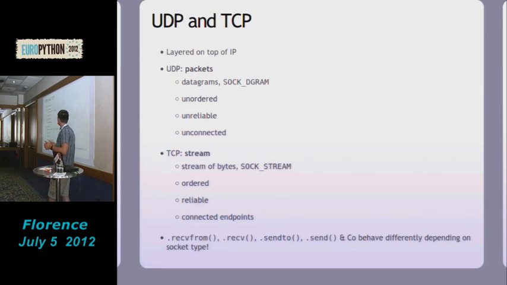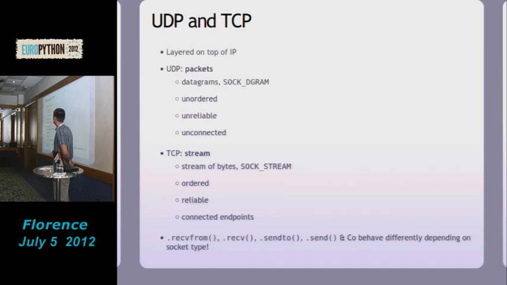Most of the things I said about IP apply to UDP: packets may not arrive, they may arrive out of order, and there's no idea of a connection. So the kernels and the devices in between have no idea what the two endpoints are. There's no notion of state in there.